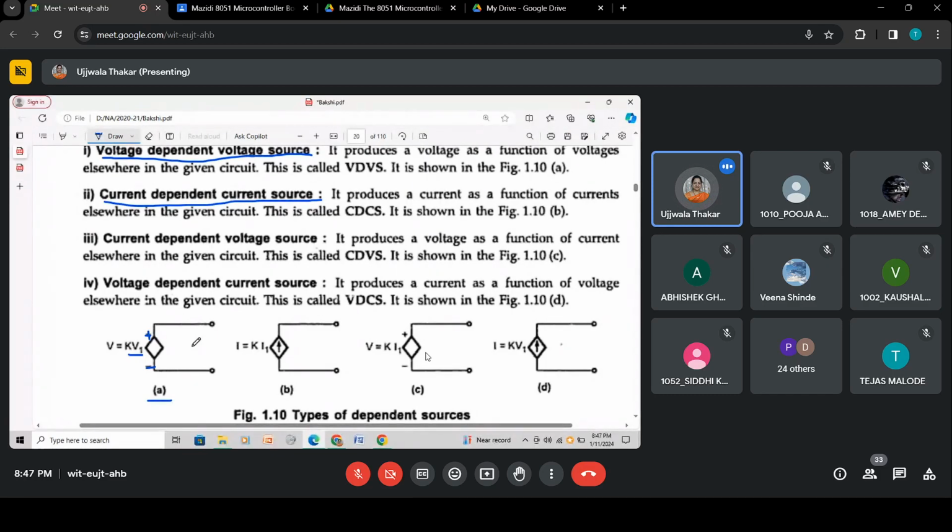When I take an example, you will understand where this V1 is coming from. So V is equal to 3 times V1. This is a voltage source depending upon this voltage, and therefore this is the first one, voltage dependent voltage source.